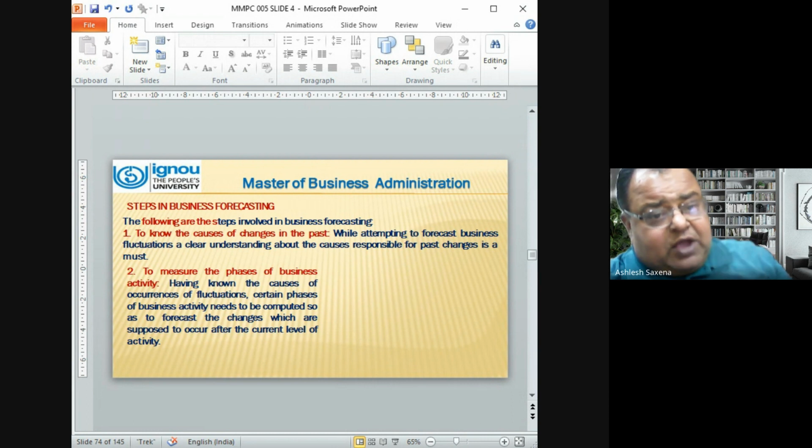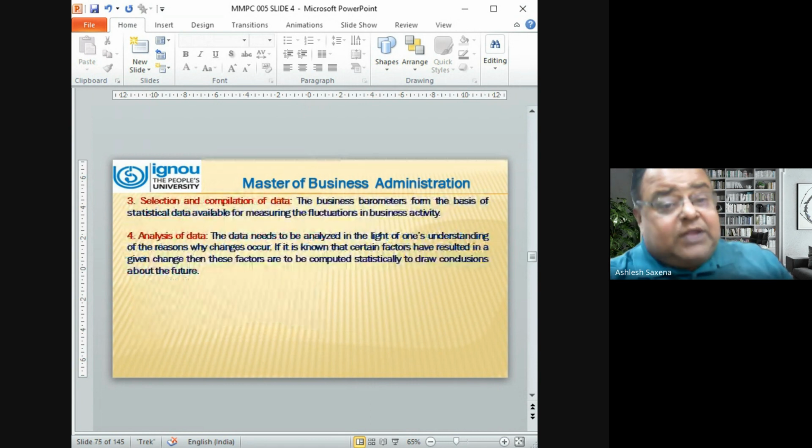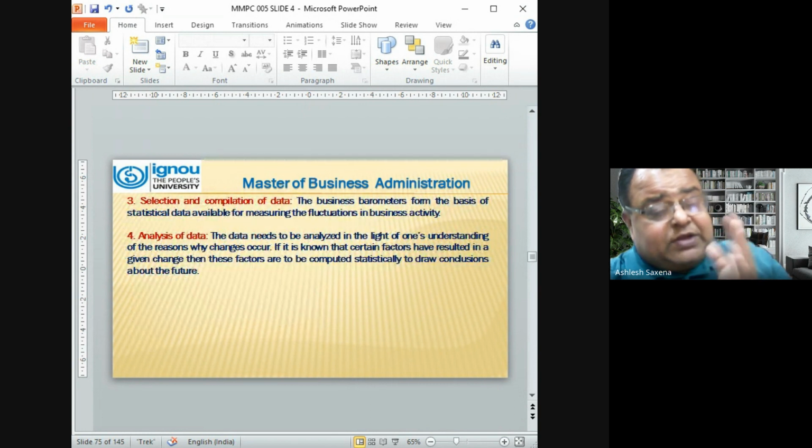Having known the cause of occurrence of fluctuations, certain phases of business activity need to be computed so as to forecast the change which is supposed to occur after the current level of activity. Third one is selection and compilation of data. The business barometers form the basis of statistical data available for measuring the fluctuations in business activity.